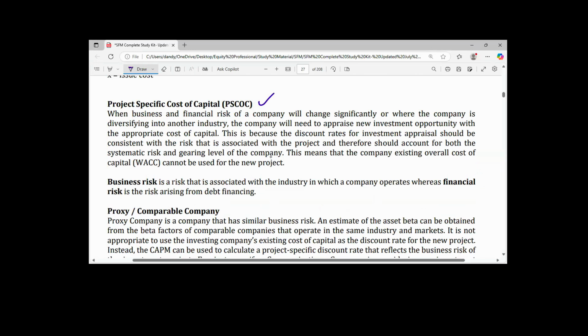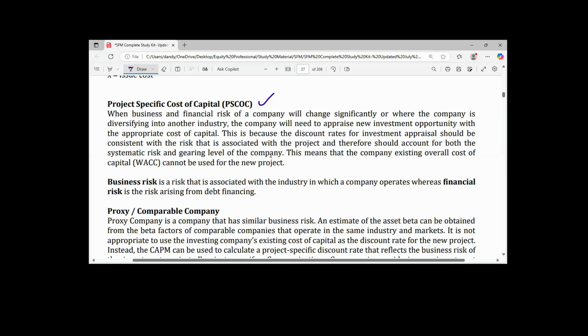So when a company is diversifying into a new industry and there is need to execute a project in the new industry, the existing work will not be suitable for the company to execute the project. Therefore, there will be need to estimate a cost of capital that will be consistent with the risk associated with the project. This is what is known as project-specific cost of capital.